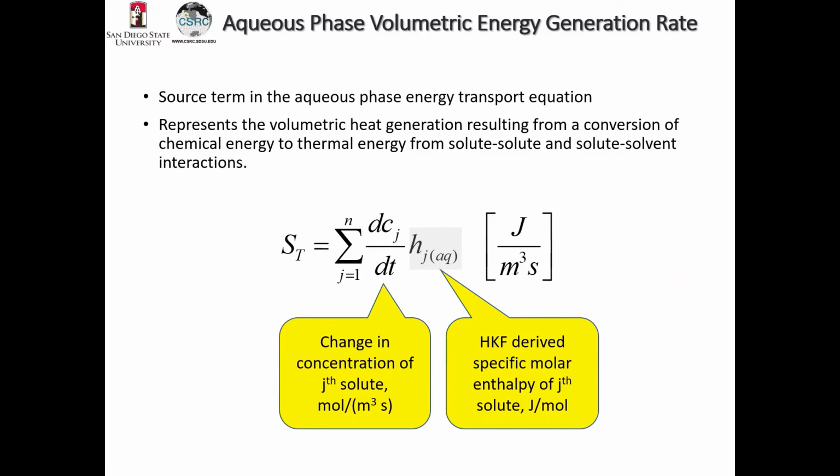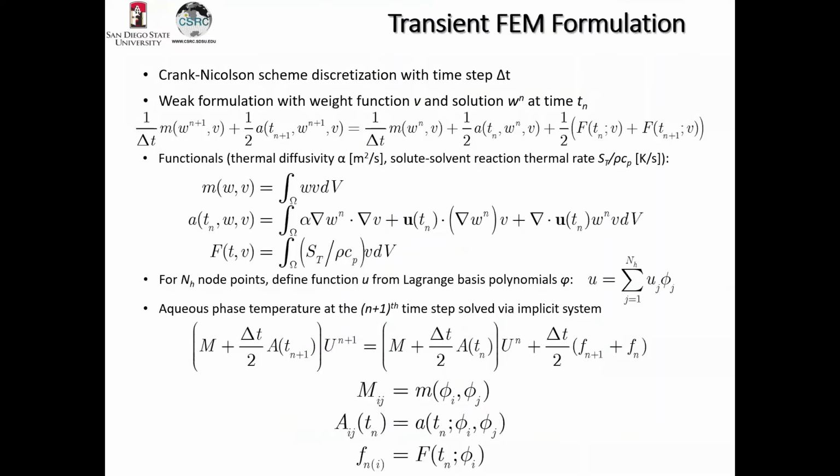So it's a summation of the change in concentration of all solutes times its enthalpy gives you the amount of energy that's generated as all those ions are interacting, right? So this gives you an energy per volume time, energy generation rate. Okay. All right, so that's how we compute temperature.